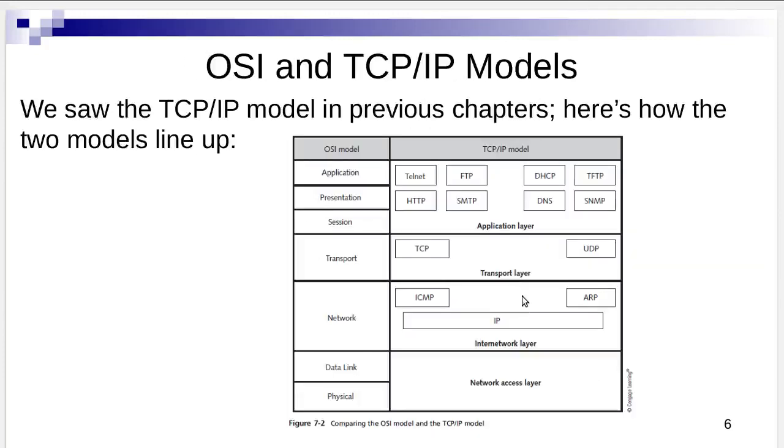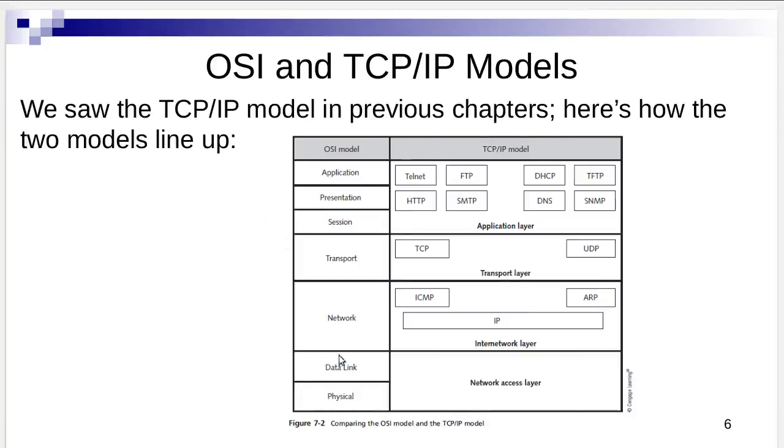So if you want to look at how the OSI layers and the TCP/IP model line up, here are the OSI layers on the left, the 7 layers, and here are the layers of the TCP/IP suite. So one thing to note is that in the OSI layer we talk about physical layer, and that's things like media, cables, things like that.